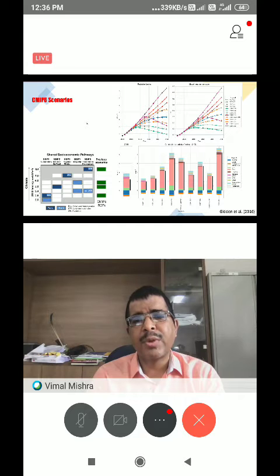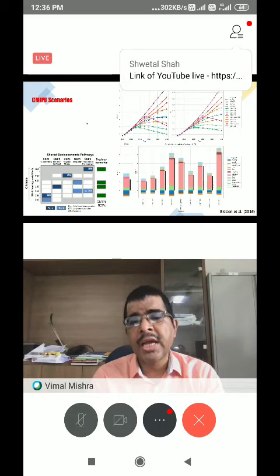So if we follow strong mitigation by 2100, we may see a temperature rise of not more than 1.5 degrees, or between 1.5 and 2 degrees. And that will happen when we follow very strong mitigation, right?